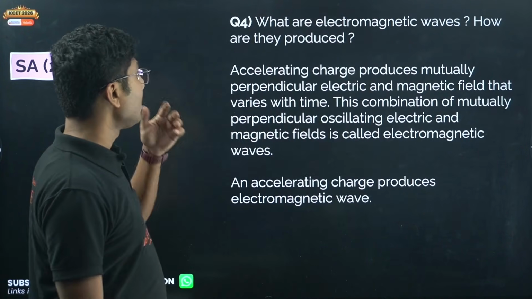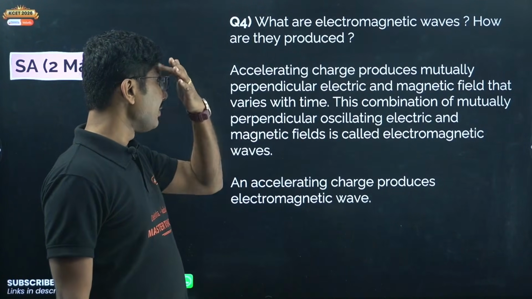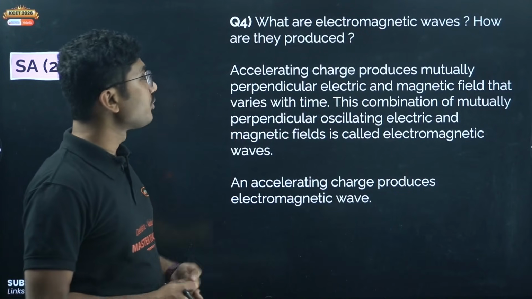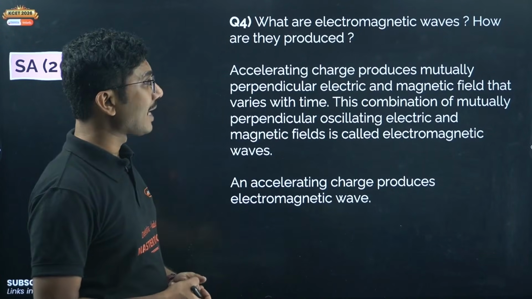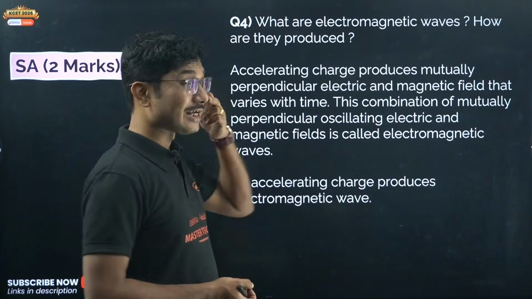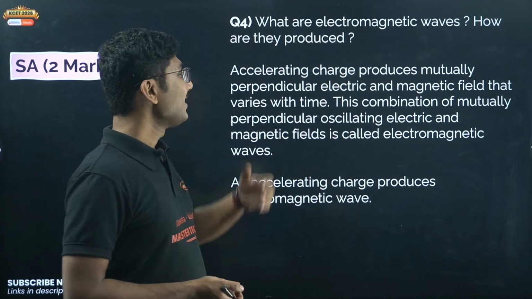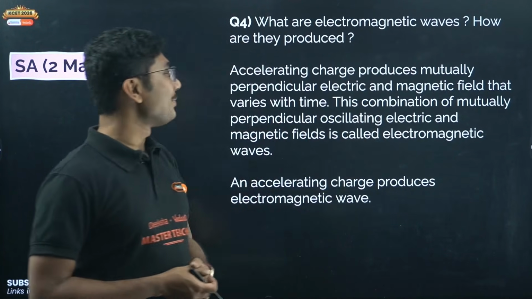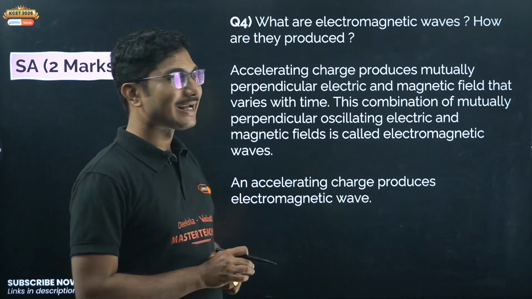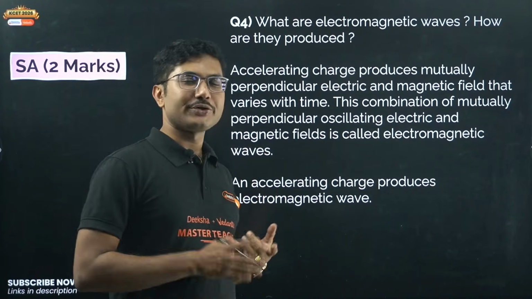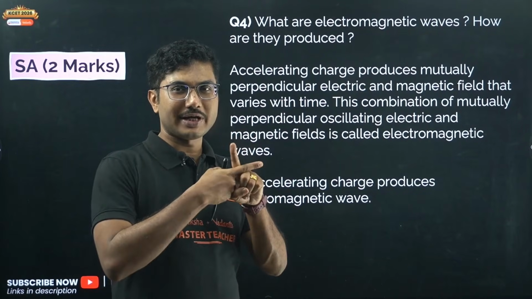Clear? Next, what are electromagnetic waves? How are they produced? Accelerating charge produces mutually perpendicular electric and magnetic field. So when the charge is accelerating, it automatically produces mutually perpendicular electric and magnetic field.